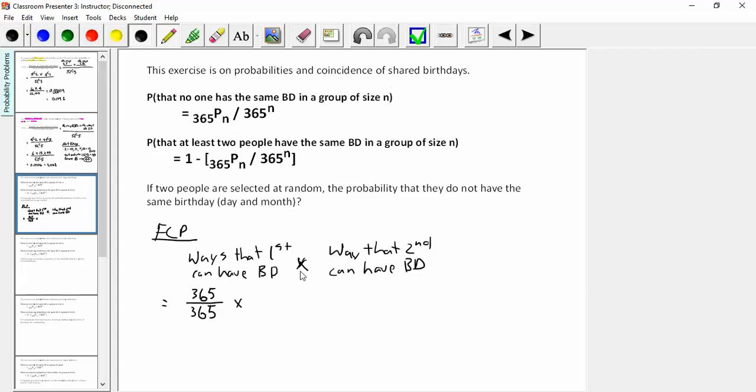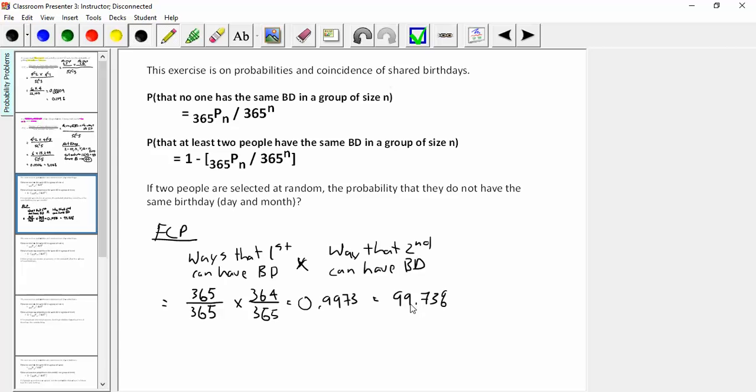What about the second person? Well, since one day is already gone, they can only choose 364 ways out of 365. And this equals 0.9973, or 99.73% chance.